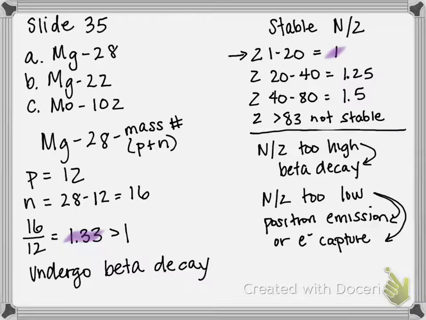How do I know that? Because if I compare my ratio of what the element currently is, 1.33, it's larger than 1. And remember, if our N to Z ratio is too high, we undergo beta decay. So your final answer for part A is that it undergoes beta decay.